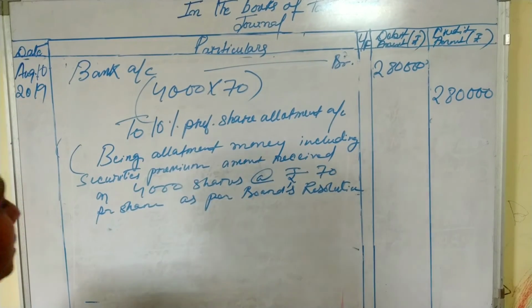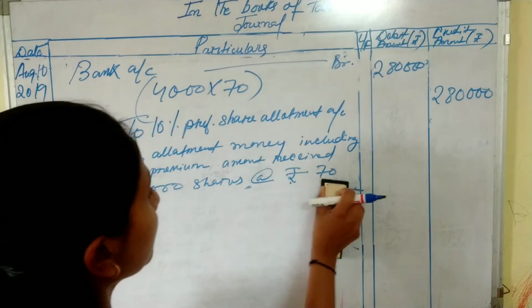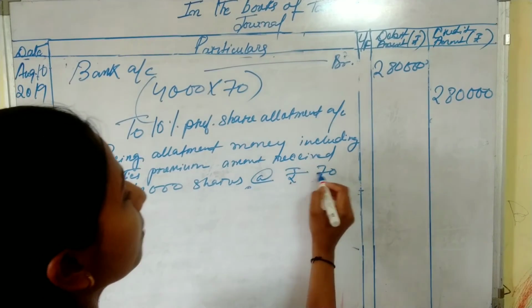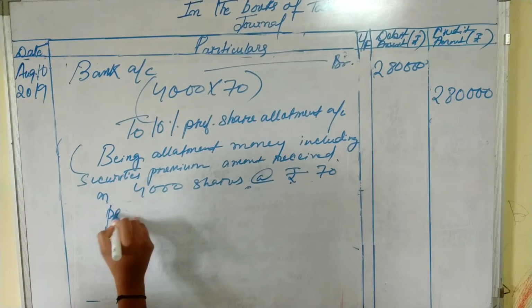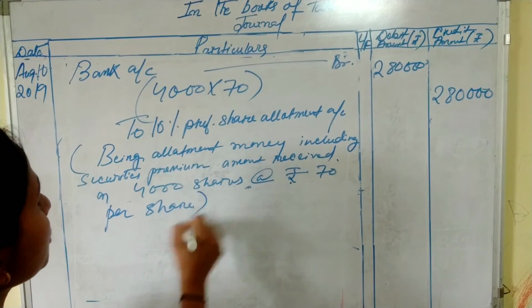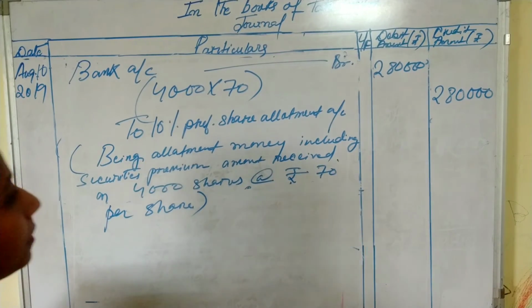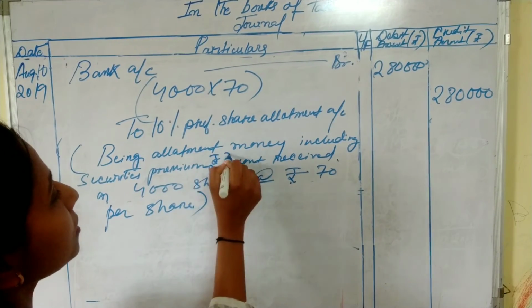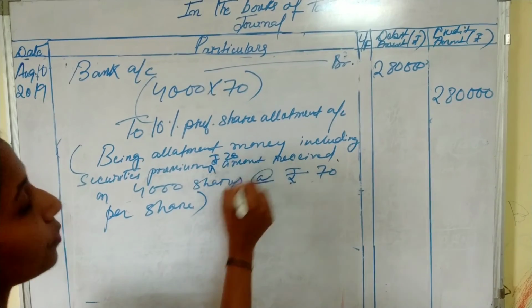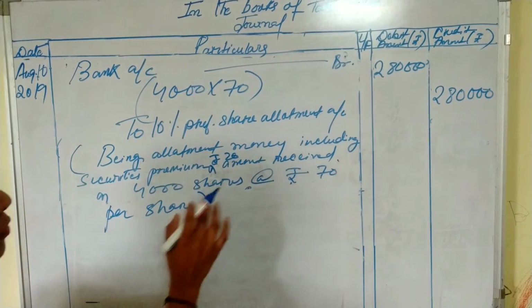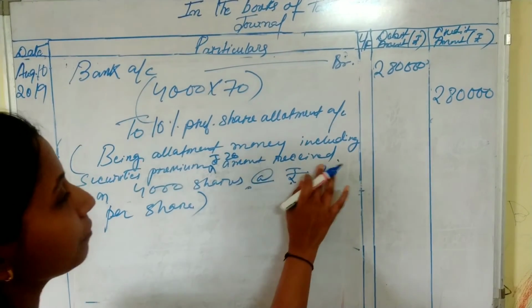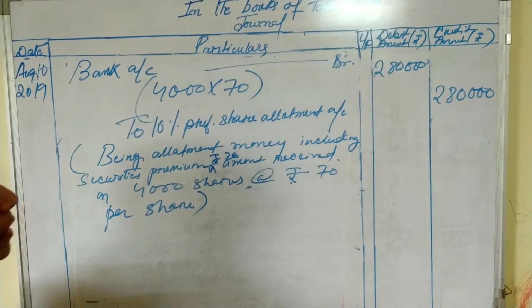No, we will not write here as per board's resolution. Now premium amount is rupees 20, including premium of rupees 20 received on 4,000 shares at the rate of rupees 70 per share.